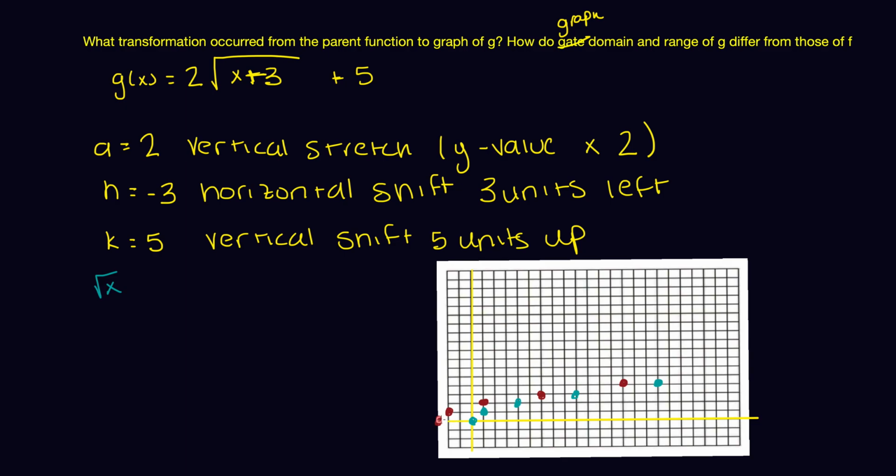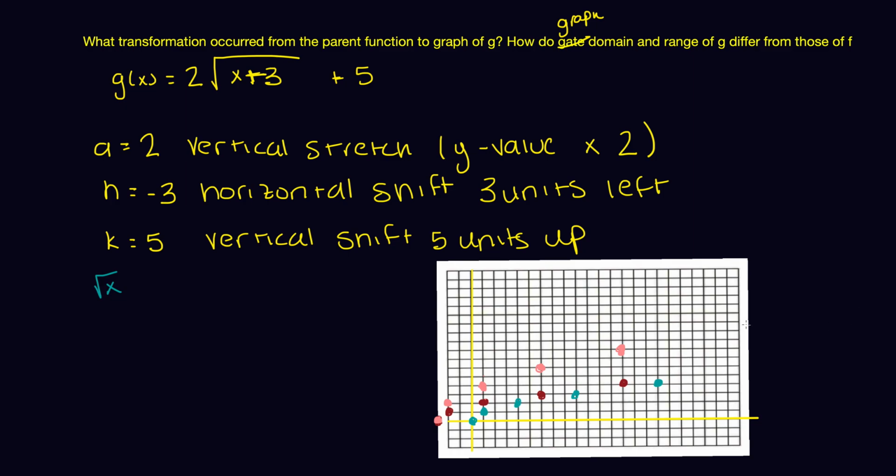So 0 times 2 is still 0. 1 times 2 is 2. 2 times 2 is 4. 3 times 2 is 6. 4 is 8. So I'm just doubling that. All right, so there's my stretch. The pink rosy dots are my stretch.